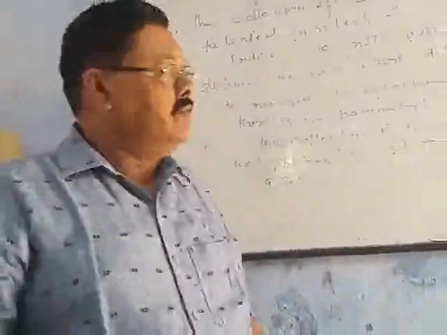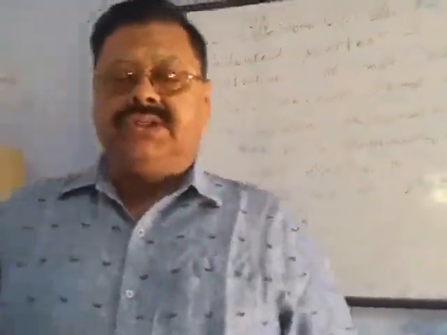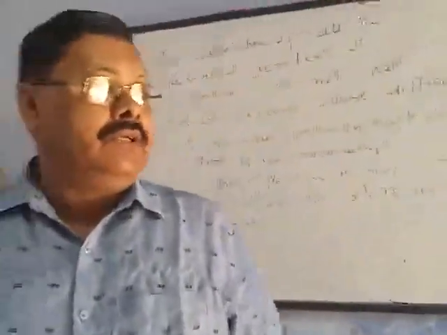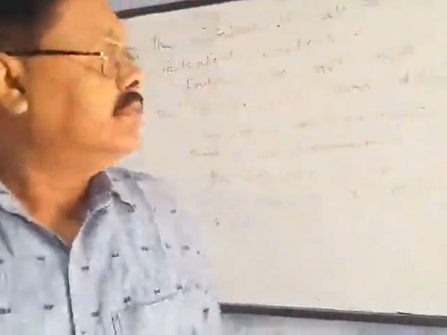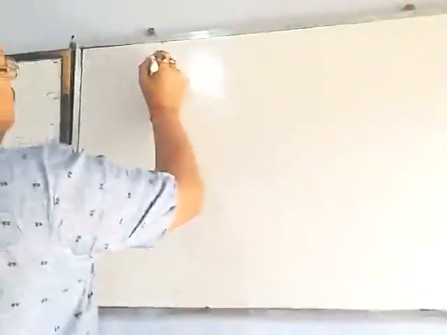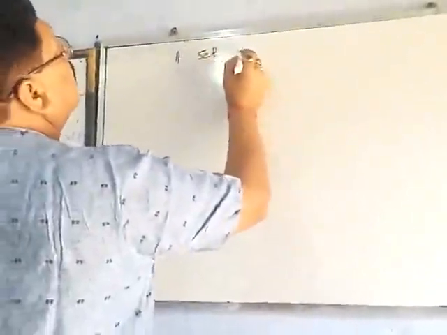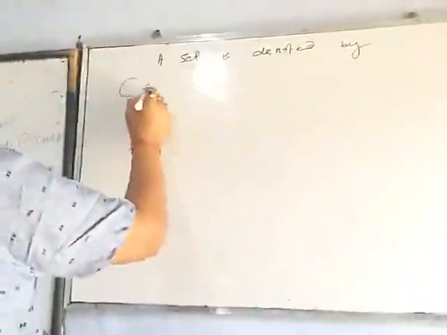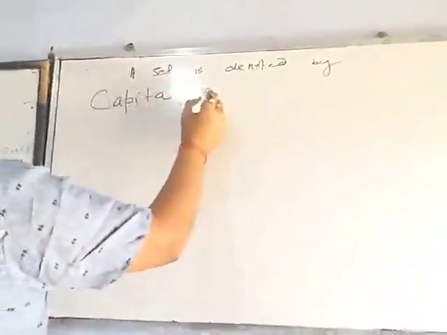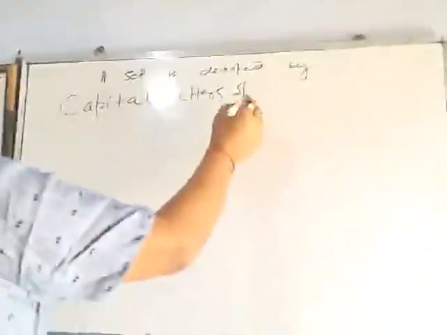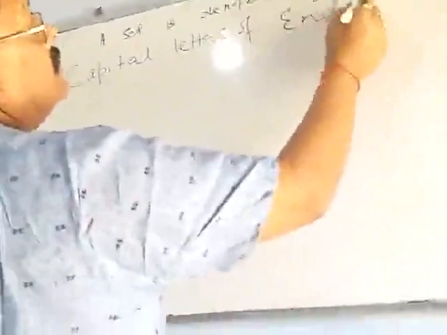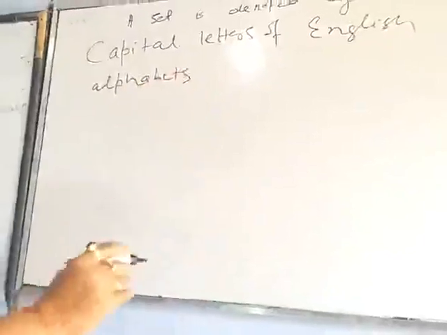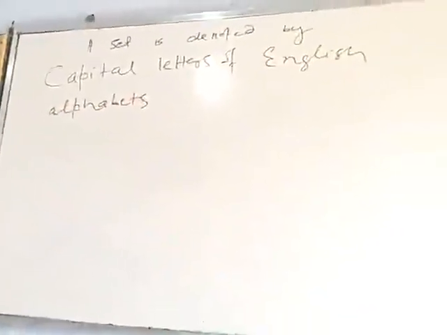Now we will come to the point of writing a set. How can we denote a set? A set is denoted by capital letters of the English alphabet.